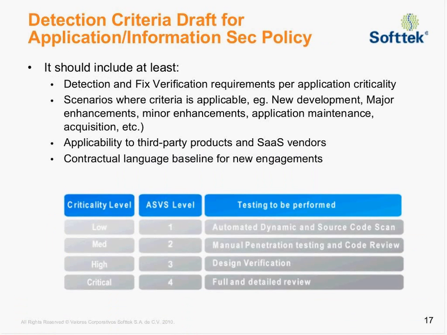If you look at the image at the bottom of this screen, you will see a potential mapping of application criticality with verification level and thus testing needs. This is a very simple way to create a mapping of what kind of testing I should do depending on the criticality of the application.